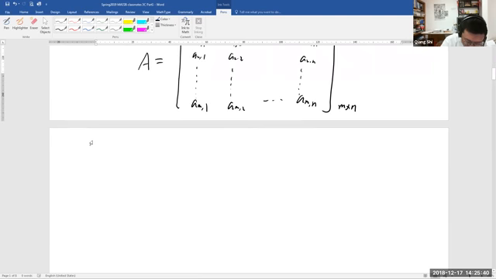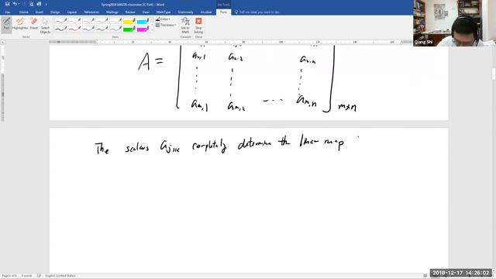So let's summarize what we said. Those scalars, or sometimes we call them the entries A_jk, completely determine the linear map T, because a linear map is determined by its values on a basis.